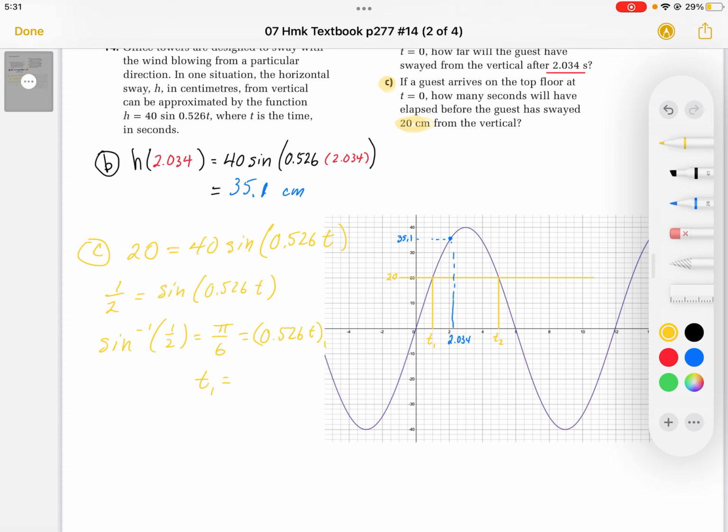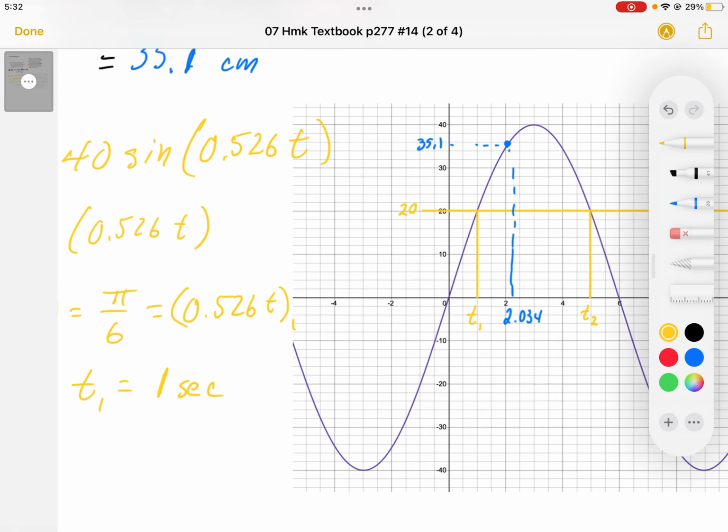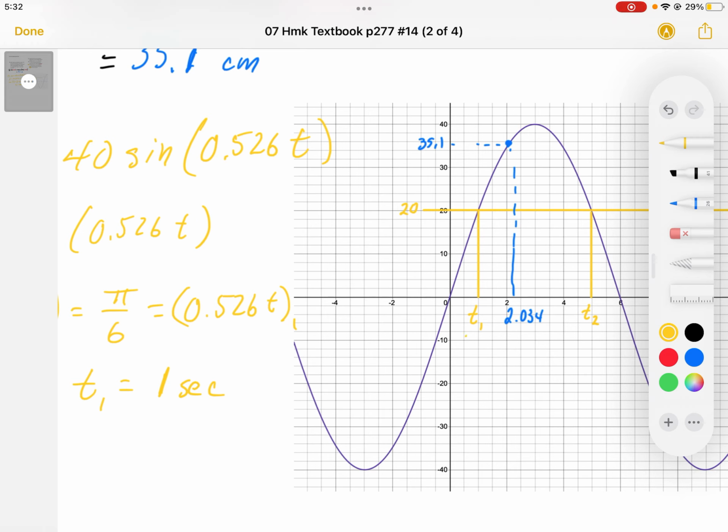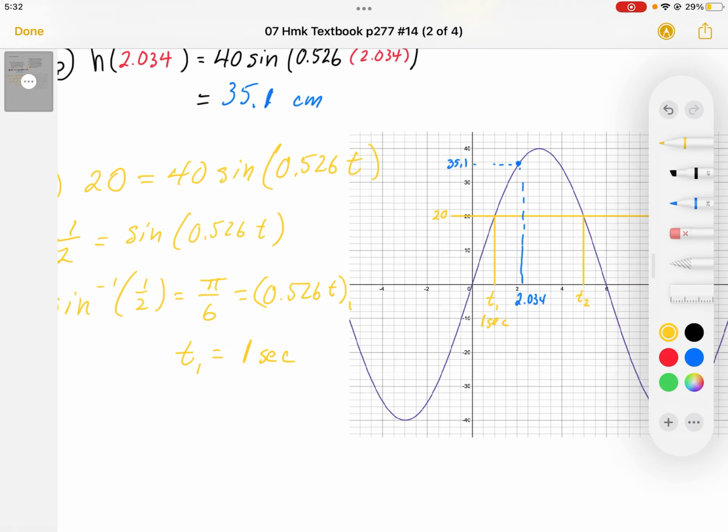That theta 1 works out to be approximately equal to 1 second. Okay, so pi over 6 is approximately 0.526. Okay, so that t1 that we have here, that's going to be 1 second. So you can see that that is fairly accurate.